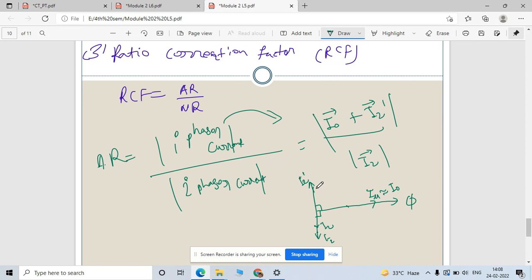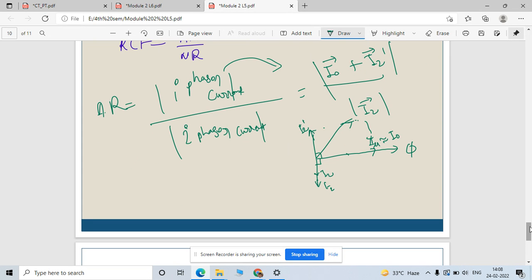So इसका फेजर सम कहाँ पे आएगा, इस साइड में कुछ आएगा. ओके, सो कैसे कैलकुलेट करेंगे इसका, अंडर रूट ऑफ, take the under root of this, let's say this is your IP, which is nothing but your I naught plus I2 dash. Consider under root of square of this current.